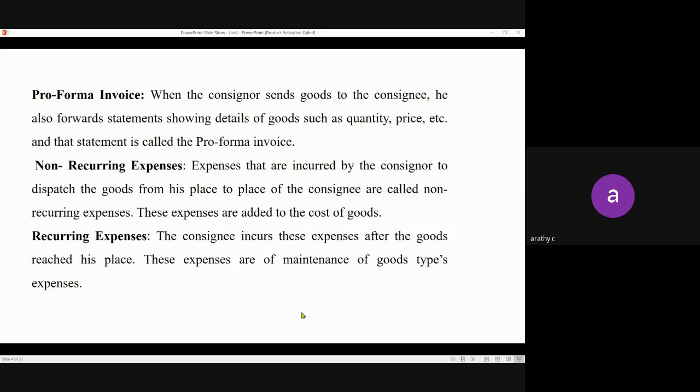It shows the details of the goods sent, such as the quantity of the product, its price, etc.